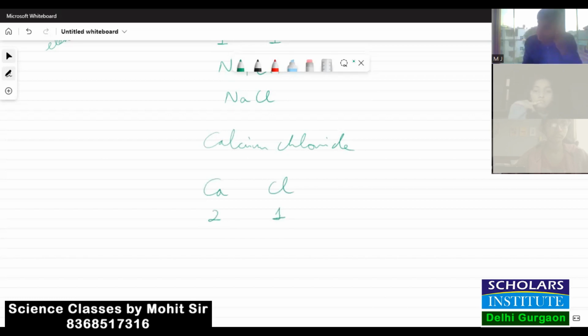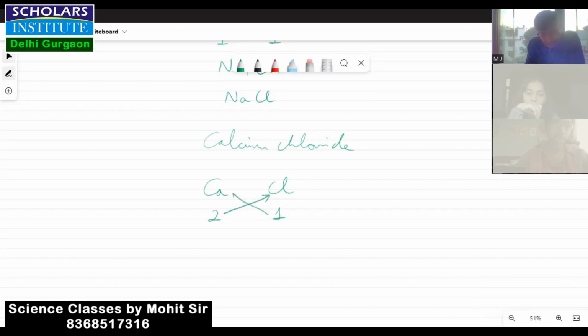We don't write the symbols plus and minus, we write the ion with the plus symbol first, and then ion with the minus symbol later on. Okay, now we cross these valencies. So calcium gets 1 and chlorine gets 2. 1 we don't write, so simply we can write Ca for Ca1, and any other number we will have to write. So Cl2. So the formula that we get is CaCl2.